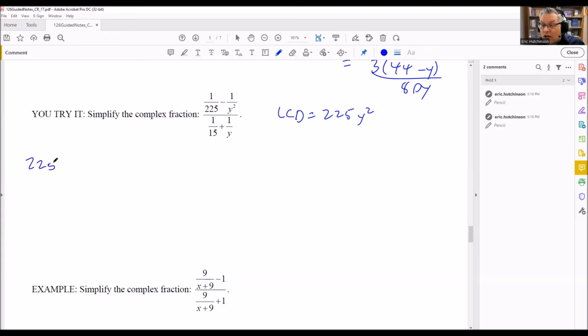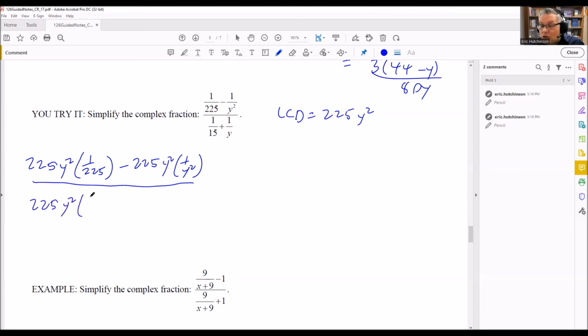So 225y squared, we'll put the first fraction here. Then 225y squared, we have 1 over y squared. 225y squared times 1 over 15. 225y squared times 1 over y.